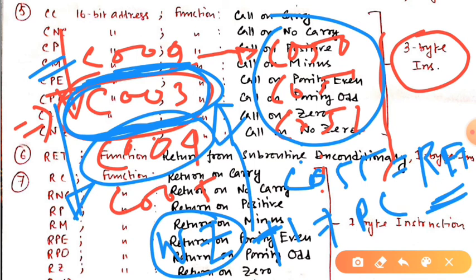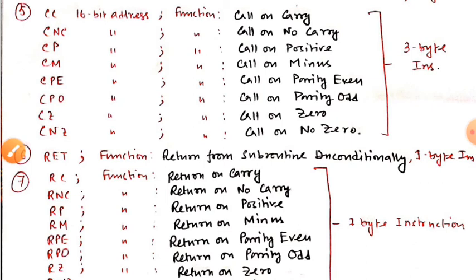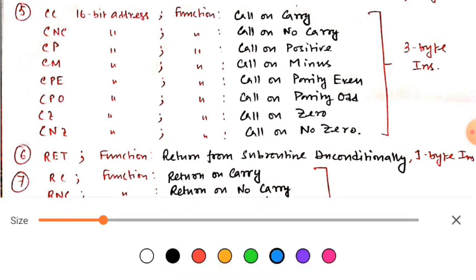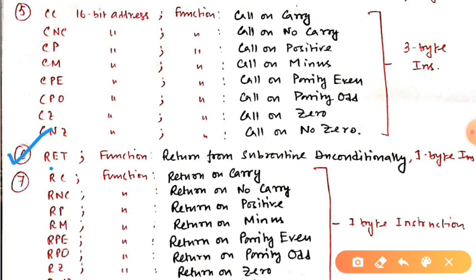So there is always a return instruction if we use a call instruction. All call instructions have corresponding return instructions. We must write it somewhere at the end of the subroutine. And we must also notice that this return instruction can be of two types: return unconditionally and return conditionally. So this return instruction is the unconditional return instruction, and these set of return instructions are conditional return instructions.